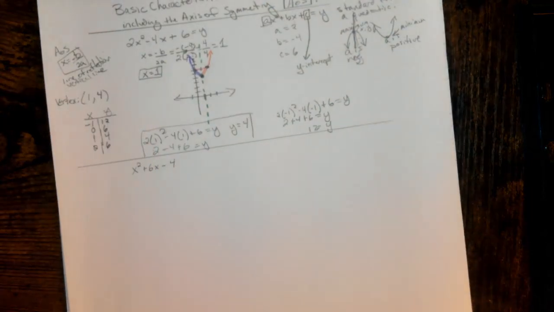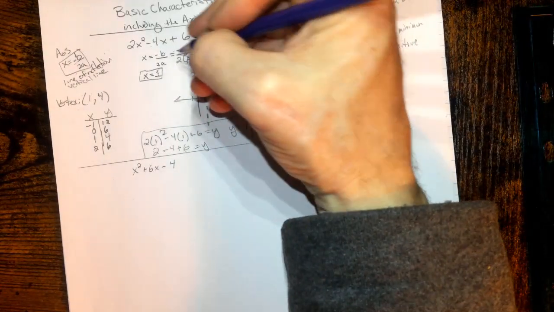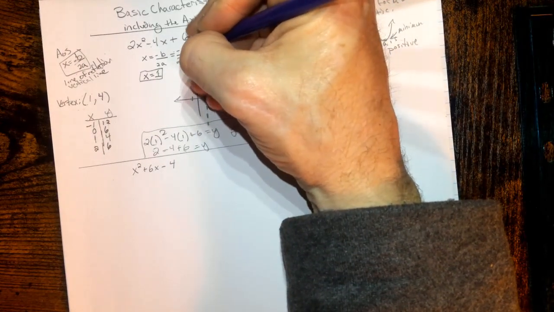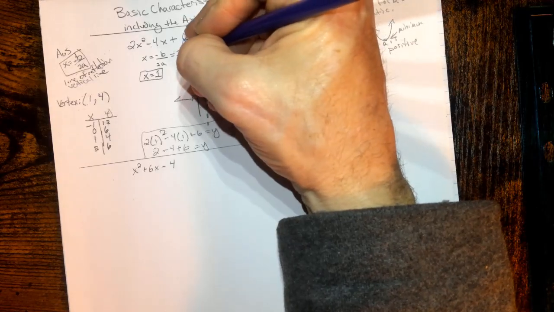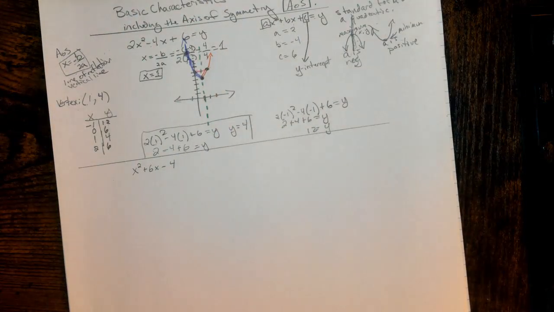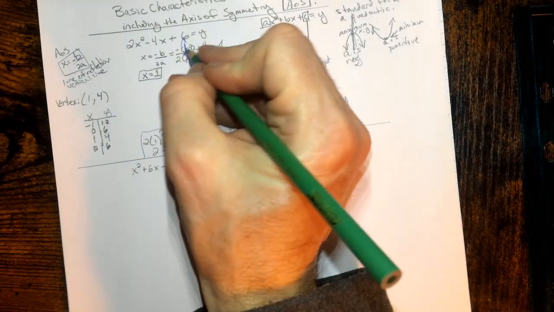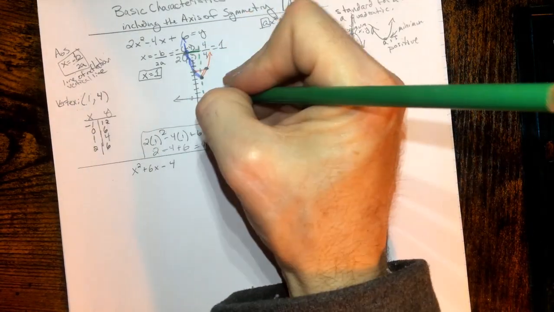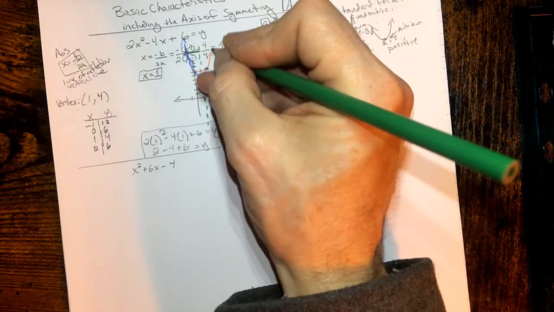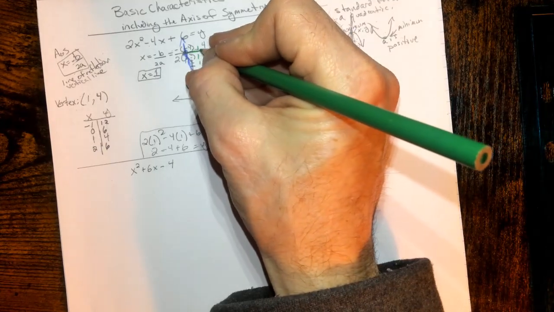So my purple line would still have to keep going up till it went through that point up there. And then of course we would have a line reflected across the axis of symmetry, and this is getting a little messy, but that means it would be on this side.